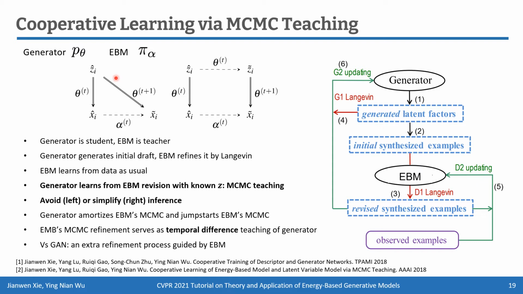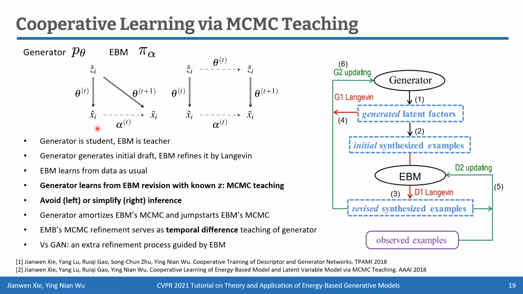First, we generate zi hat from the prior distribution of the generative model, just Gaussian white noise. This is a noise vector. Then we use the current theta and G of theta to transform this latent vector to a synthesized image. This is the image generated by the generative model.